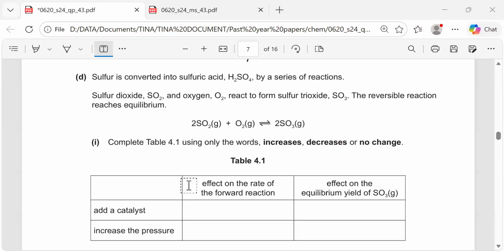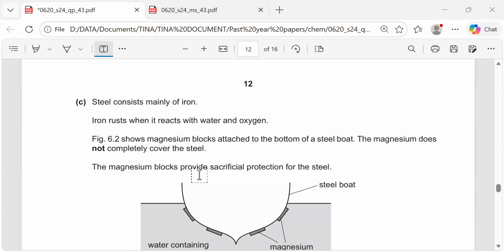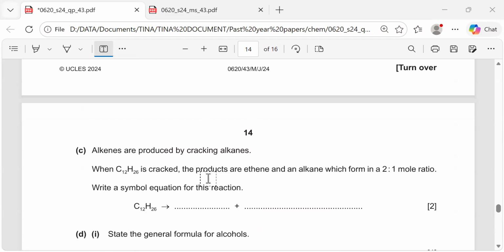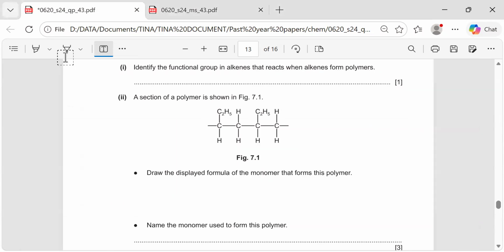For this one, you actually have to draw it out. This displayed formula shows all the bonds. You cannot just write C2H5.